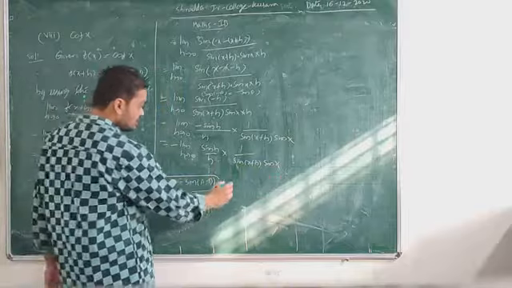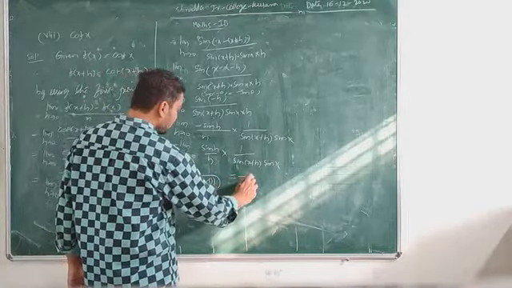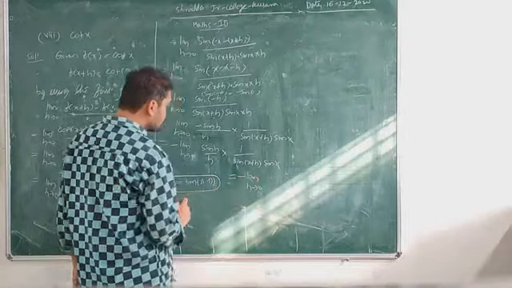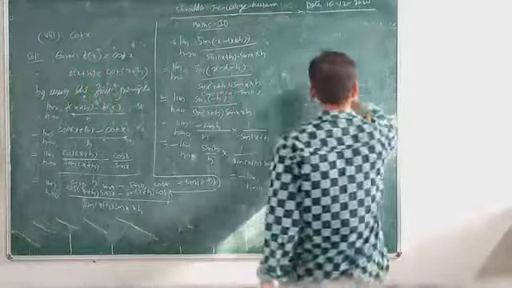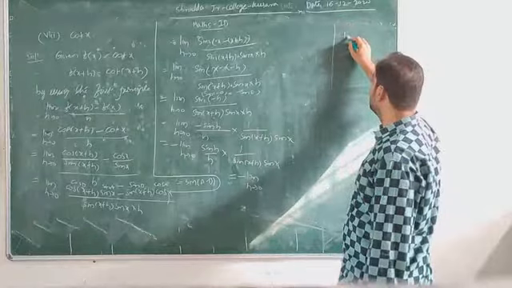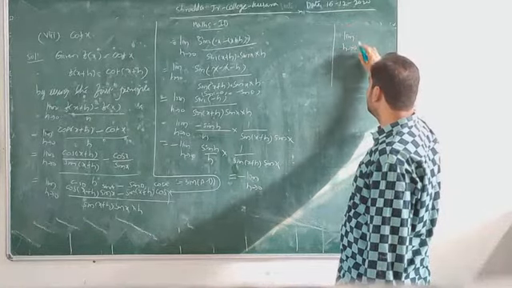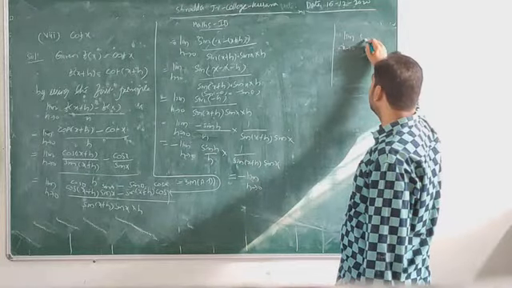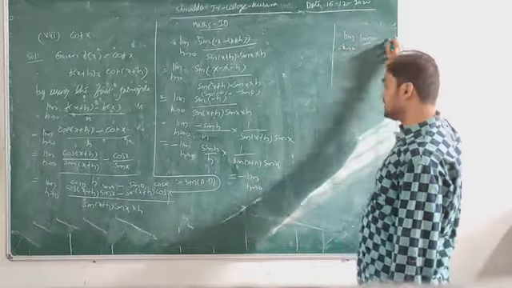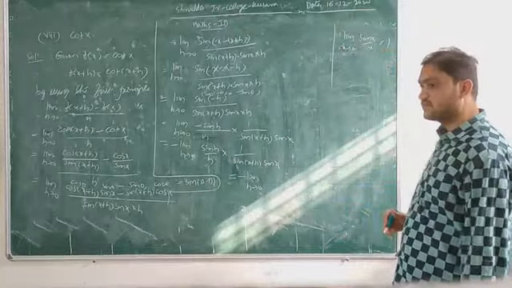Now see here, already we know the formula, the limit x tends to 0 of sin x by x. Now this is equal to 1.